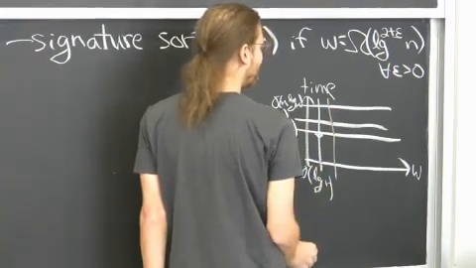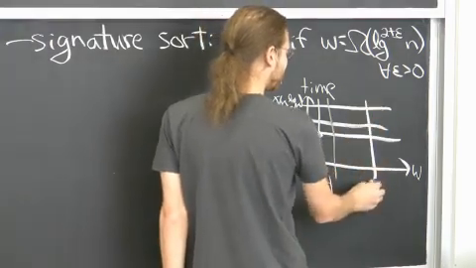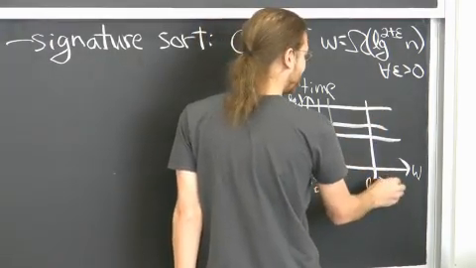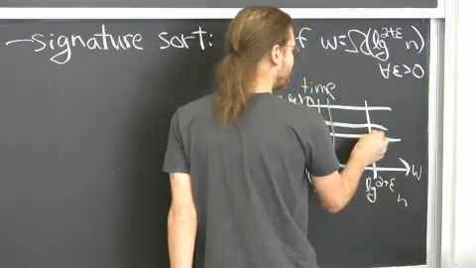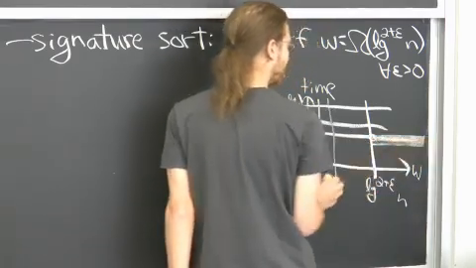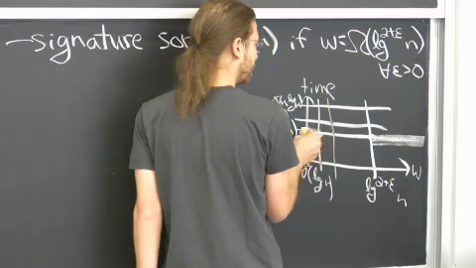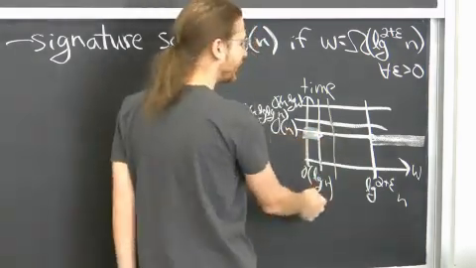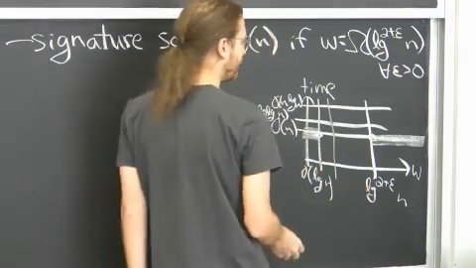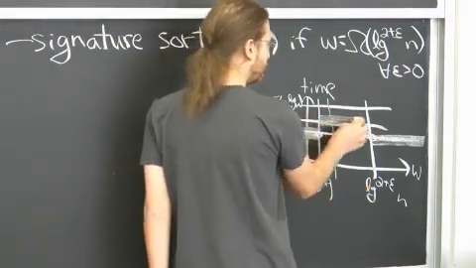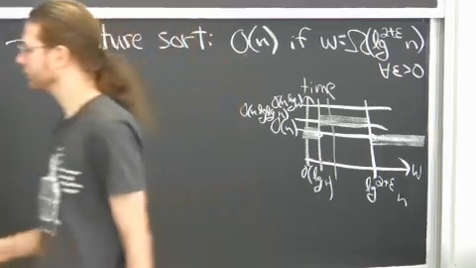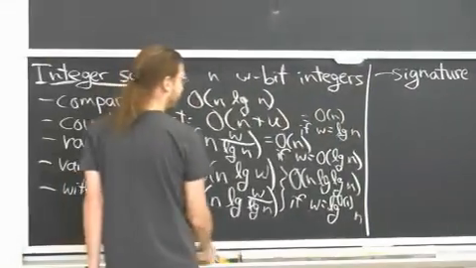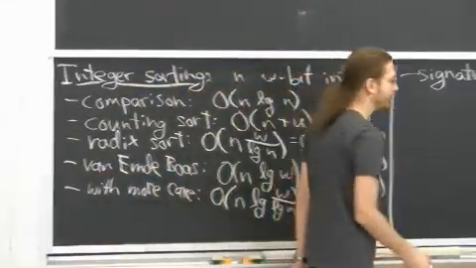Great. What this is saying is once you get out to log to the 2 plus epsilon n, you can also do linear. And from here over, we have linear time. And here over, we have linear time. So the question is, what about this middle range between log n and log to the 2 plus epsilon? Well, one thing we could do is use van Emde Boas sort, get an n log log n bound.